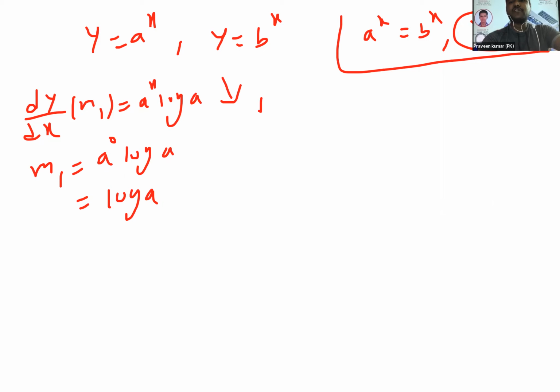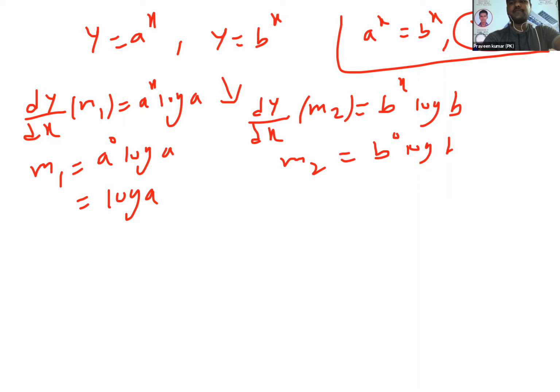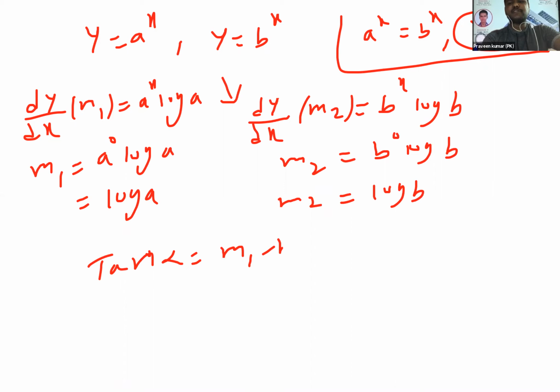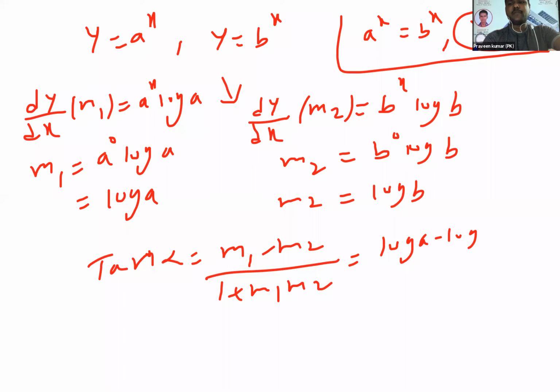Now dy by dx, let us assume this is m2: b power x log b. In place of x substitute 0, b power 0 log b, which is log b. For tan alpha we want the formula: m1 minus m2 by 1 plus m1 m2. Yes or no? Yesterday we discussed. So log a minus log b by 1 plus log a log b.